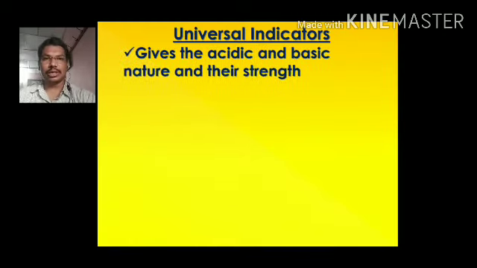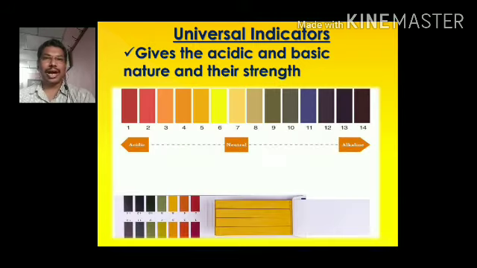Universal indicators. It gives the acidic or basic character of a compound along with its strength, meaning whether the given compound is a strong acid or strong base, weak acid or weak base. This is the paper you are seeing at the bottom. If you simply touch the solution of the given compound on the paper, it will change color. Based on the color we can tell.